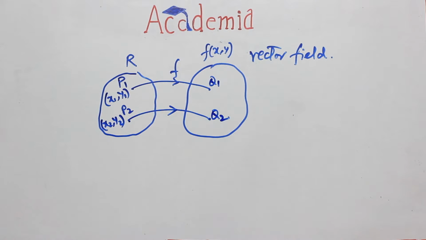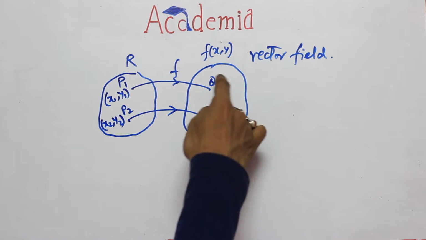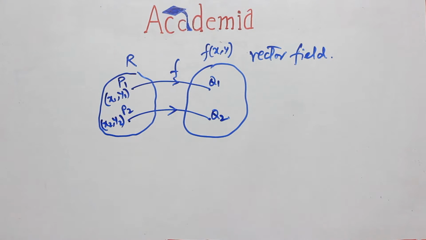Each point in the region f(x,y) had different values of f(x,y), but no direction was associated with them. That is why it was called a scalar field.